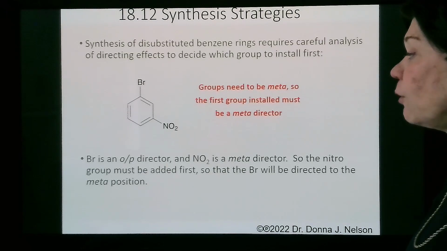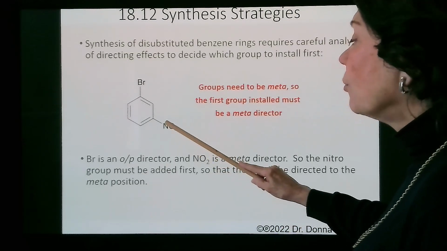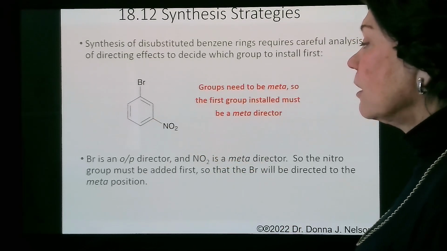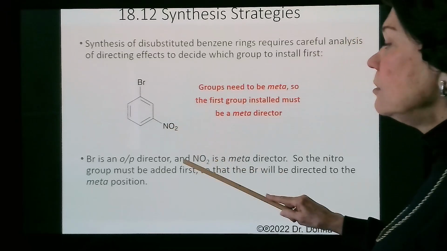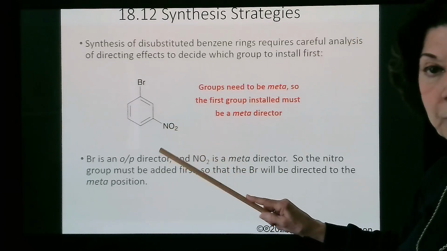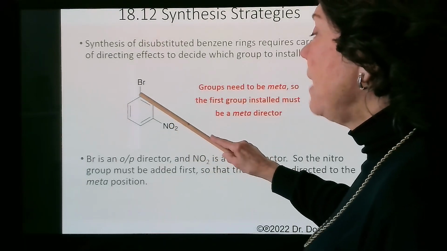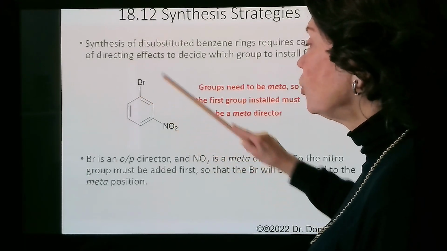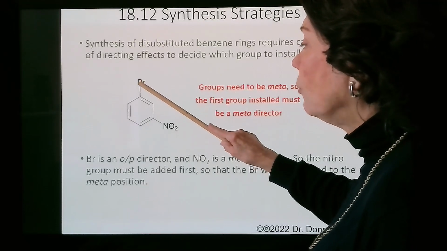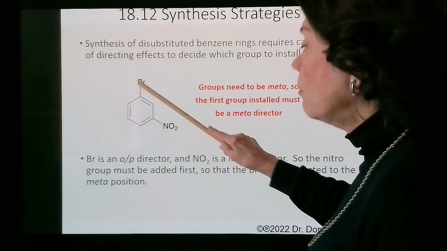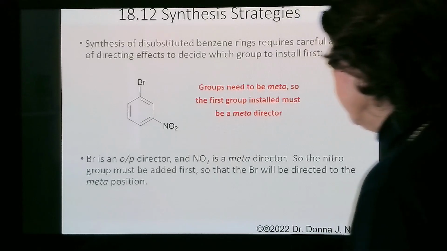And so therefore it means that nitro would have to be put on first. And since nitro directs any other group that goes on, whatever it is, to the meta position, nitro will go on first, and it will direct the new incoming group, in this case bromo, to the meta position.